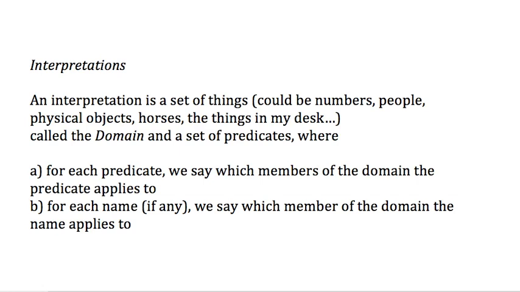So for example, if our domain was the set of all counting numbers, and one of the predicates was "is an even number," well, the things that that predicate applies to would be 2, 4, 6, 8, etc., etc. Likewise, if we have names in the collection of formulas that we need to look at, we have to say for each name what it names, which thing in the domain it picks out.